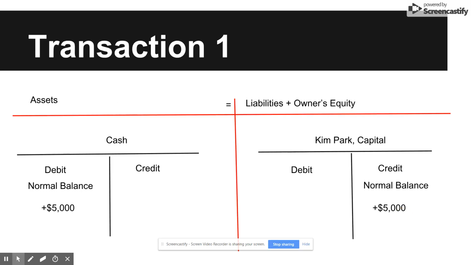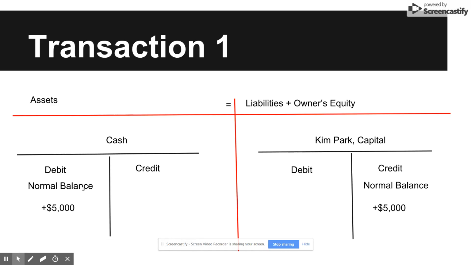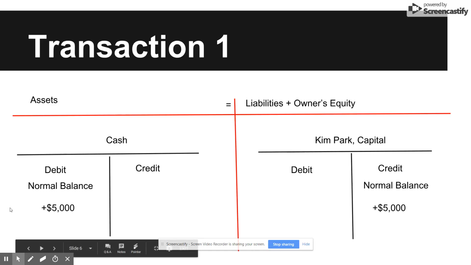So we'll look at it like this. Our cash account over here is an asset. Assets have a normal balance on the debit side, so the increasing side is the normal balance side. So we would debit cash the $5,000 because cash is increasing.